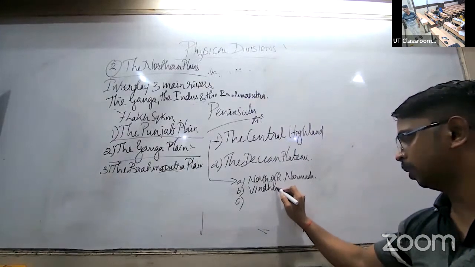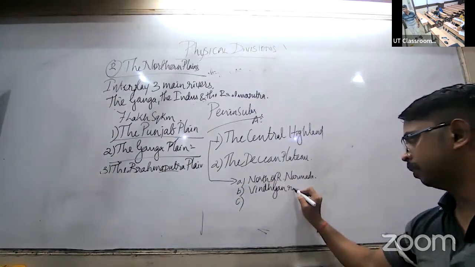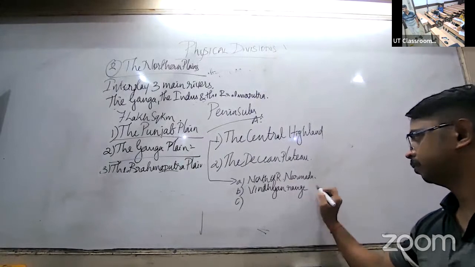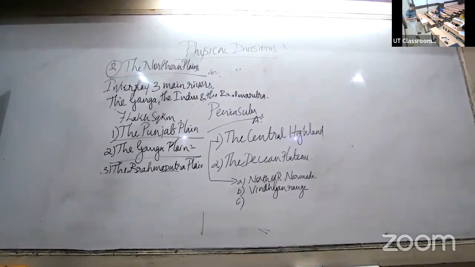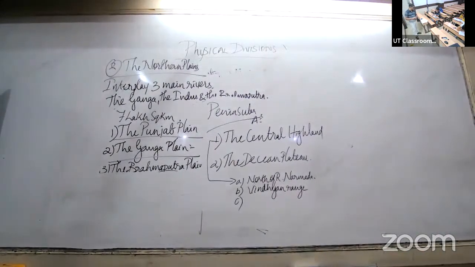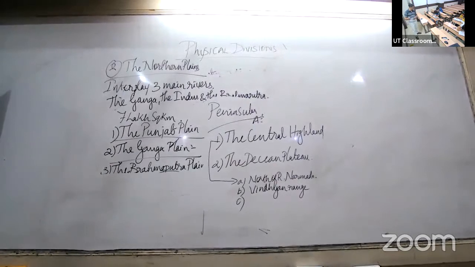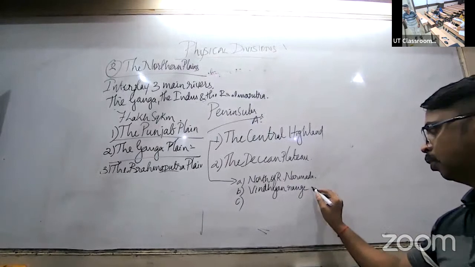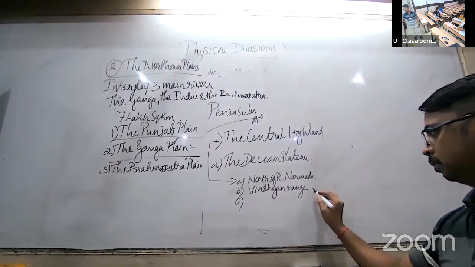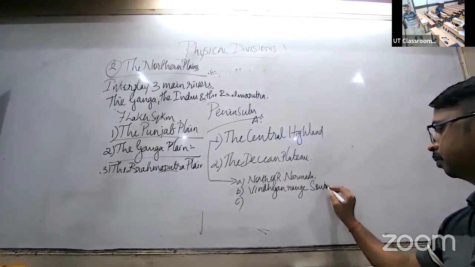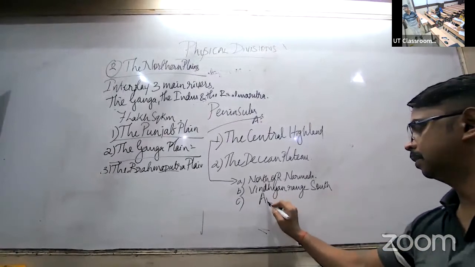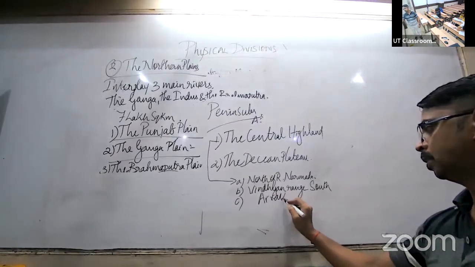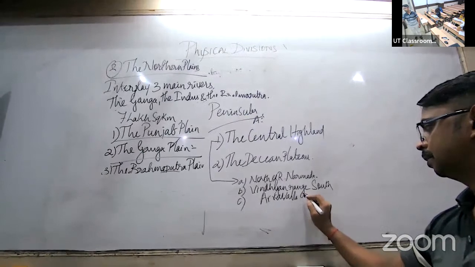Bounded means surrounded by the Vindhyan range in the south, and to the north, it is the Aravalli Hills.